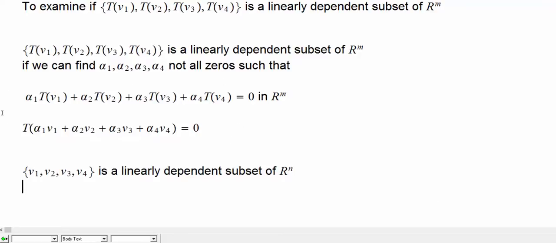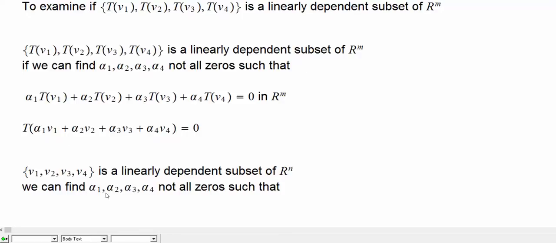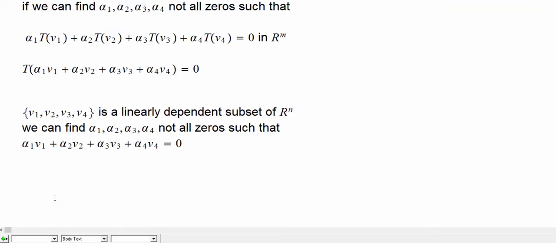So what will happen is that we can find these scalars which are not all zeros, such that this linear combination is 0. And of course we didn't have to use the same symbols alpha 1, alpha 2, alpha 3, alpha 4, strictly speaking, but anyways, let's just go with this right now.